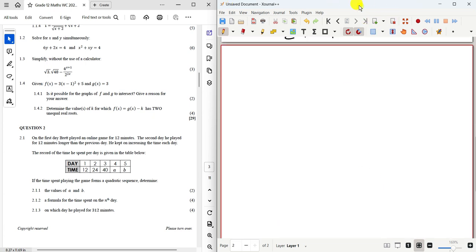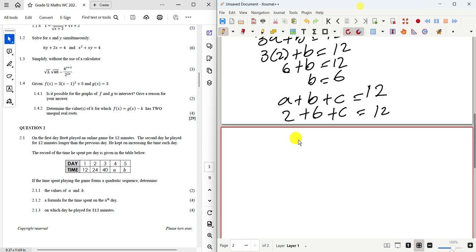So this implies c is equal to 4. This is because it'll be 12 minus 6 minus 2. So that's 12 minus 8, which is 4.